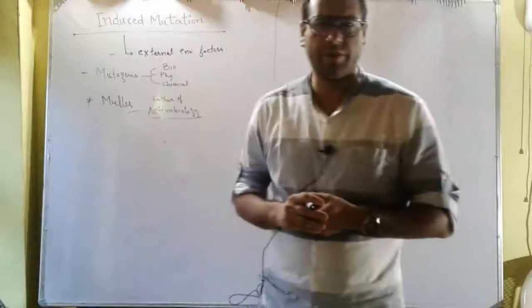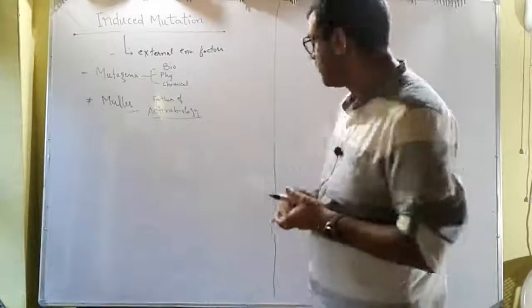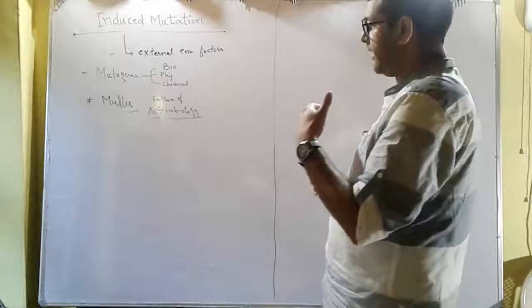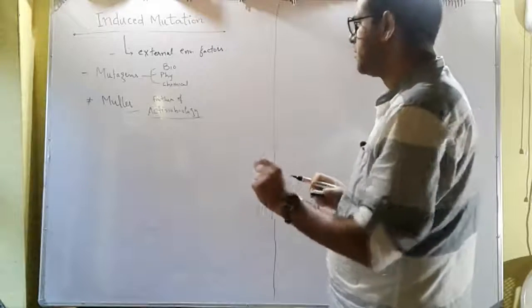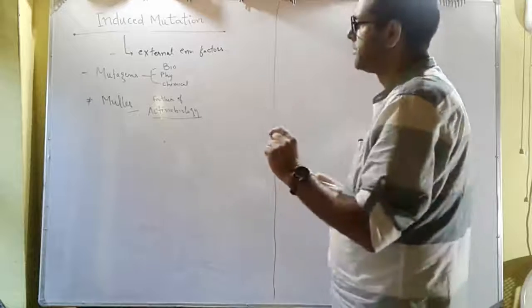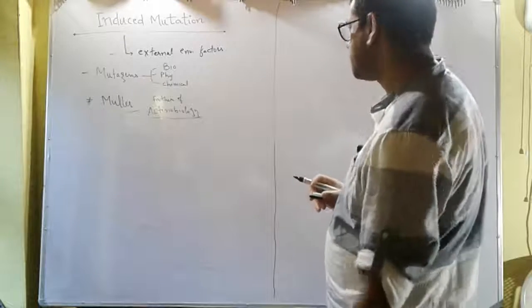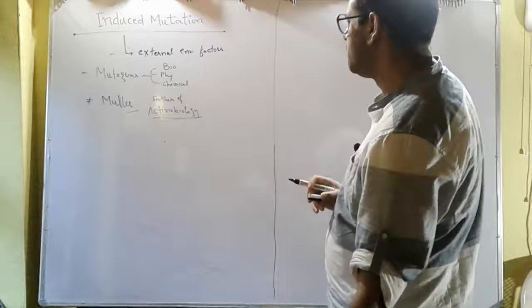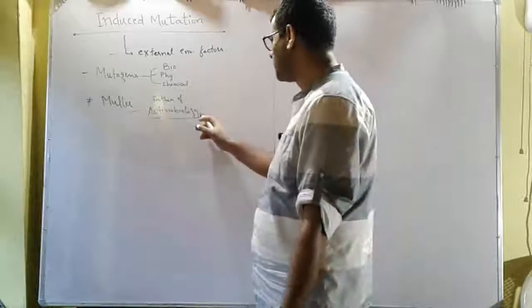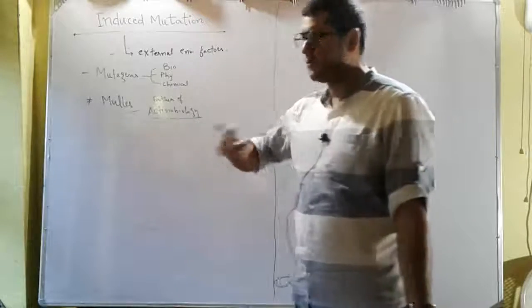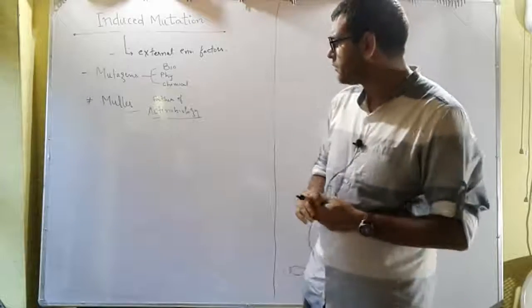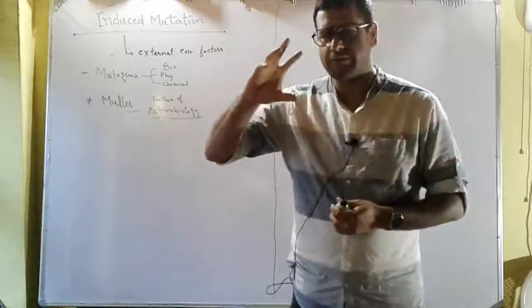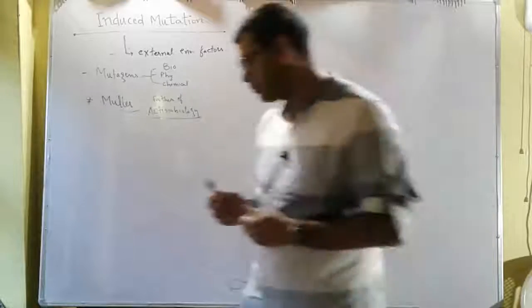That is the effect of radiations on the living organisms. So Müller was the first person who used X-rays to induce mutations in the Drosophila, and he found that the rate of the mutation was 150 times greater than the spontaneous mutation.